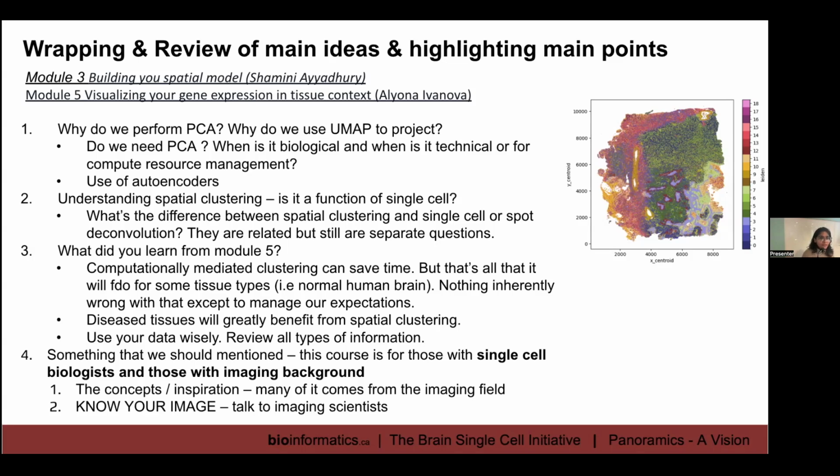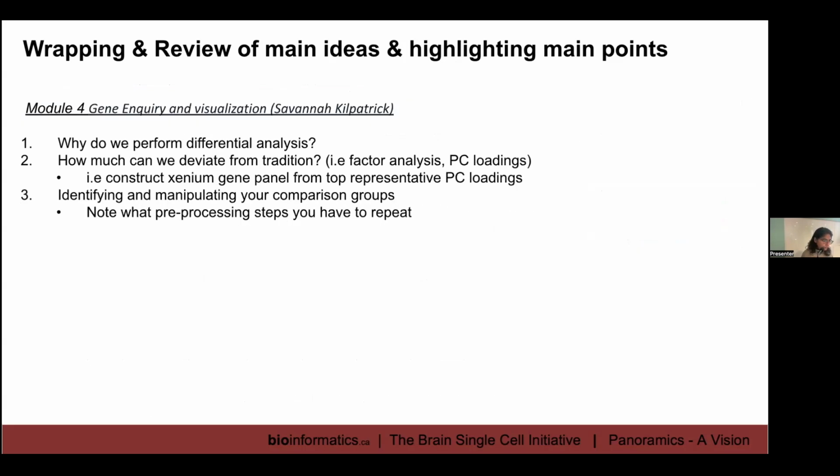Spatial means you have to go back and look at the distribution in your real space itself. So balance between the two and talk to imaging scientists. They'll probably have more to tell you and advise you about scale than me or maybe most of us here. And I've learned a lot by talking to microscope specialists and so on and so forth.